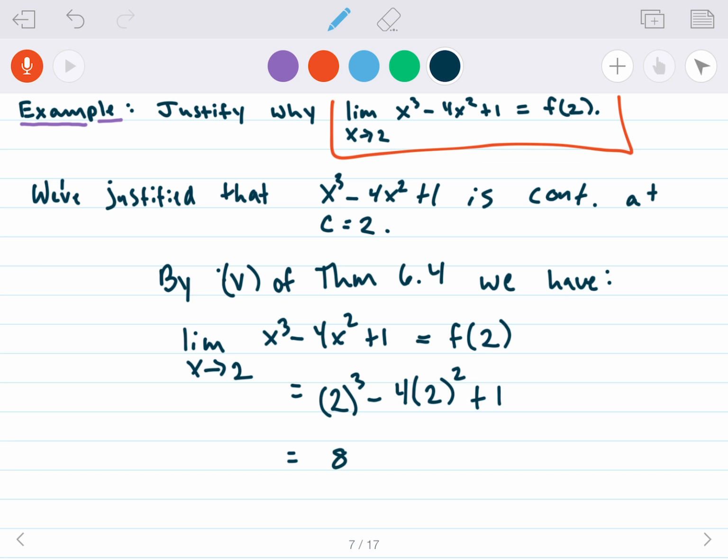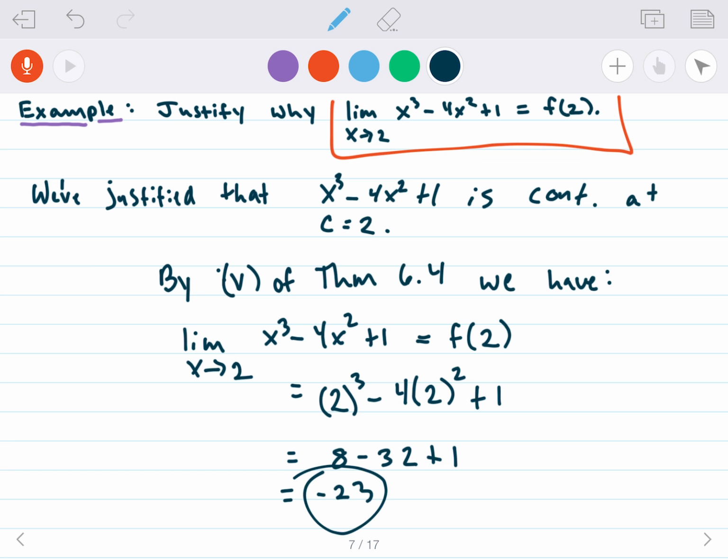So what is this? 8 minus 32 plus 1. I think it's, what is this? Negative 31 plus 8. Negative 23, I think.